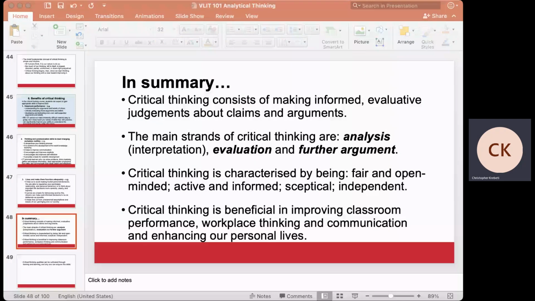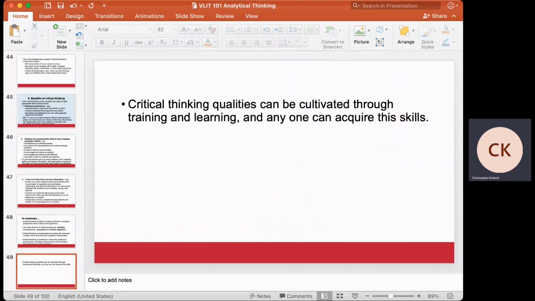Critical thinking is characterized by being fair, open-minded, active and informed, skeptical, independent, etc. These are the attitudes we need to possess in order to remain thinkers who think critically. Critical thinking is beneficial in improving classroom performance, workplace thinking and communication, and enhancing our personal lives.